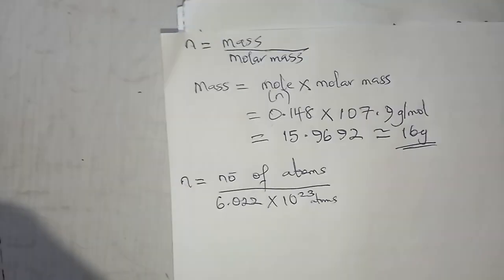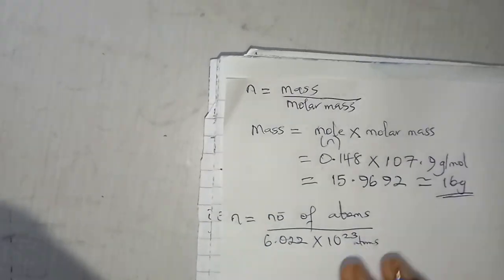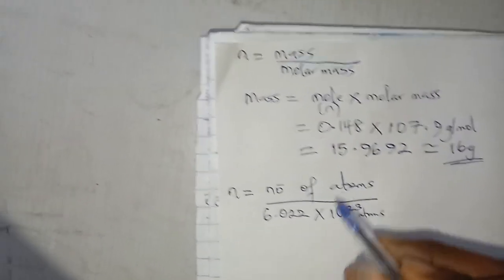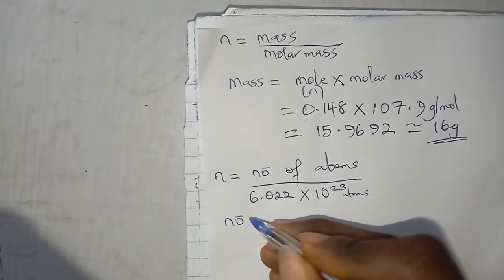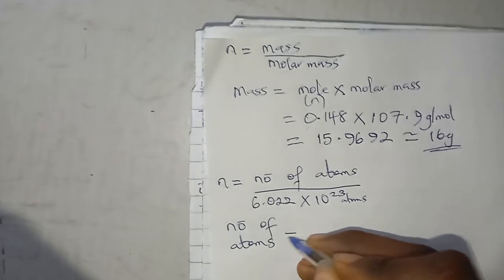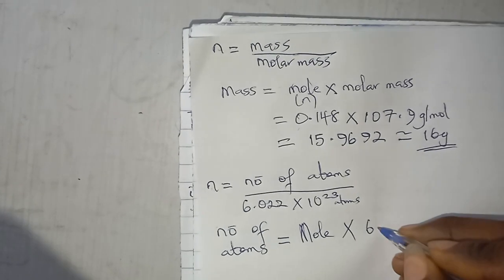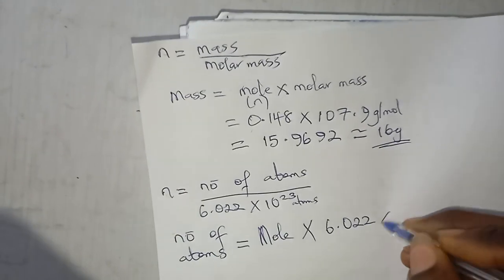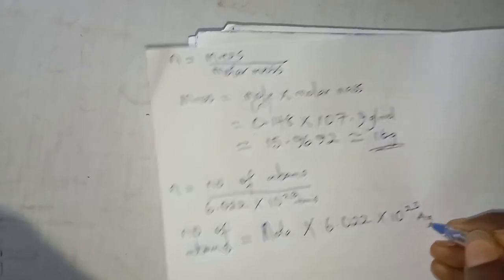So if I'm asked to find how many atoms, all I need to do is to make number of atoms the subject of the formula, so that number of atoms is equal to mole times 6.022 times 10 raised to the power 23 atoms of silver.